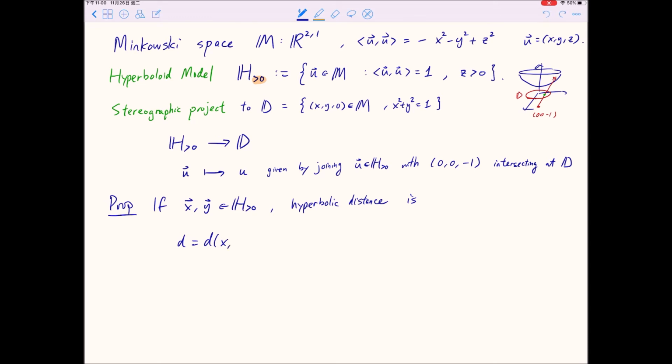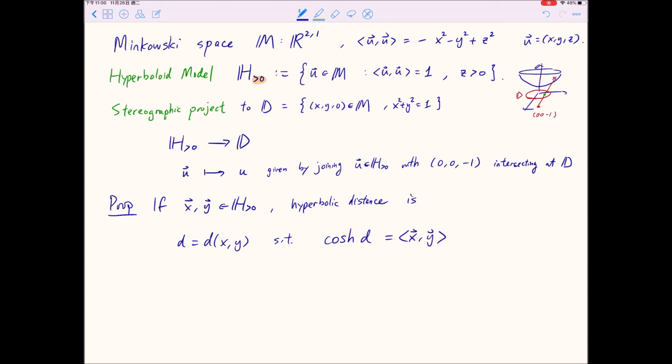It will just be defined as the hyperbolic distance on the Poincaré disk, and this will satisfy that the hyperbolic cosine of d equals the inner product of the two points.